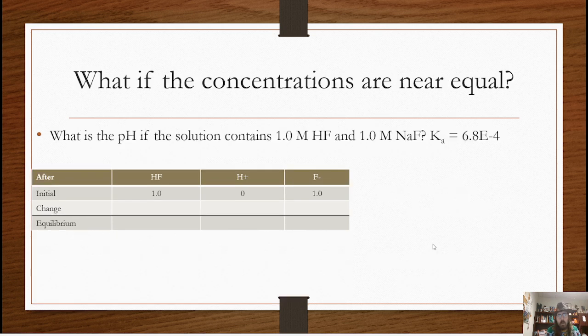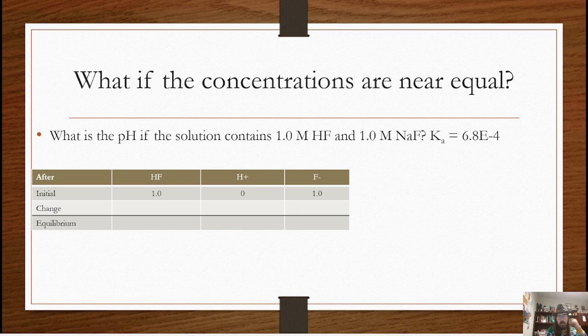So what happens if I were to add enough sodium fluoride till we have equal molar concentrations of HF and F minus? Now we still have ridiculously small amounts of hydronium. Whether you say 0 or you say 10 to the negative 7th, it's still so small that it's not at equilibrium yet.